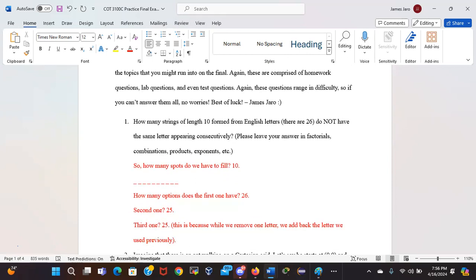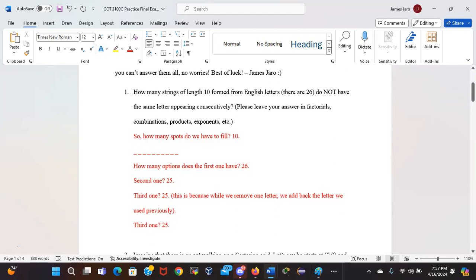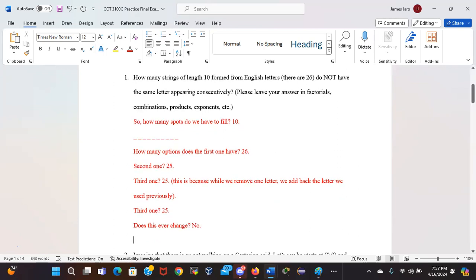Does that make sense? So now we know that's the second one. What about the third one? It's still 25. Does this ever change? No. It stays 25 for the rest of eternity.